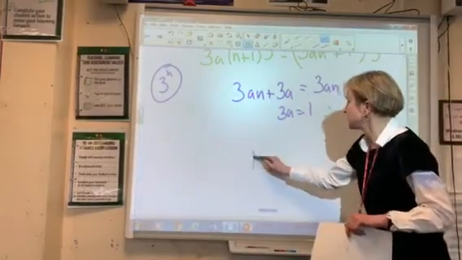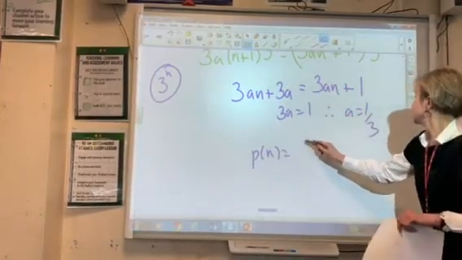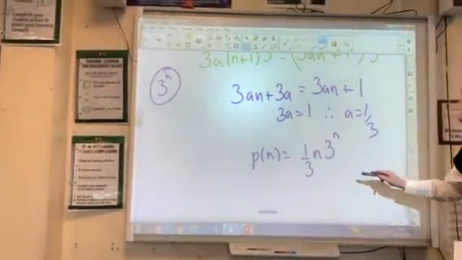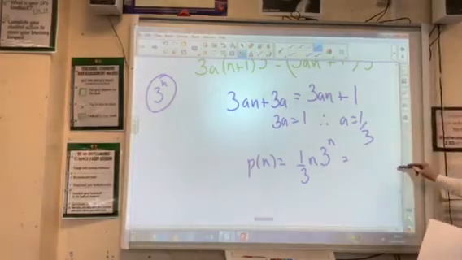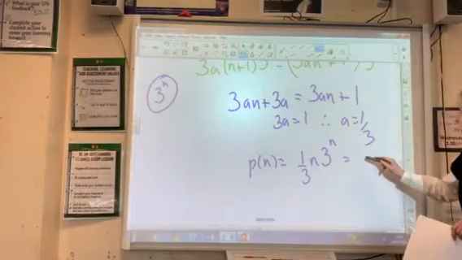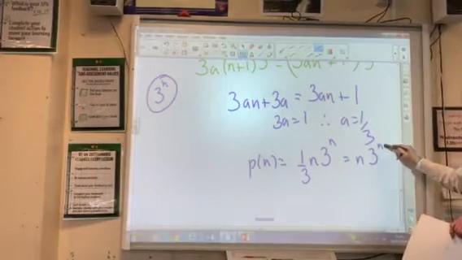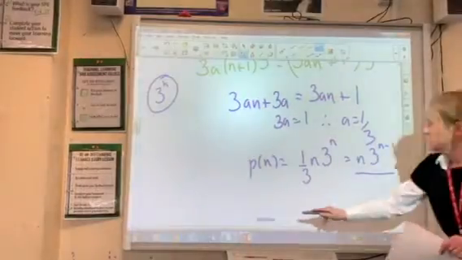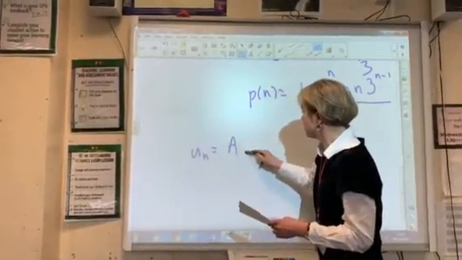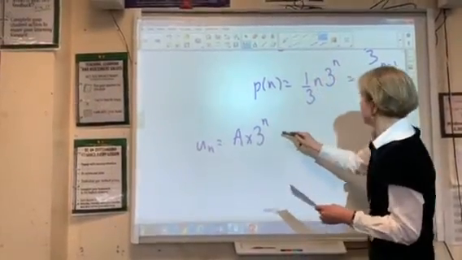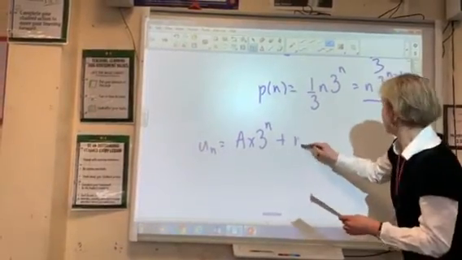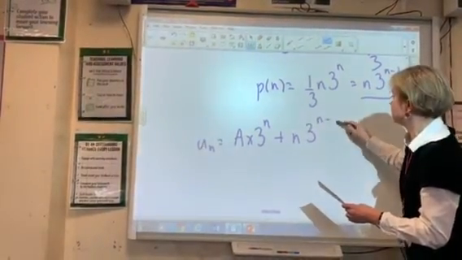So I know my particular solution is a third n times 3 to the n, or if you prefer, I could write that as n times 3 to the n minus 1. So now if I go back and combine that with my complementary function, I've got A times 3 to the n plus my particular solution, so n times 3 to the n minus 1.